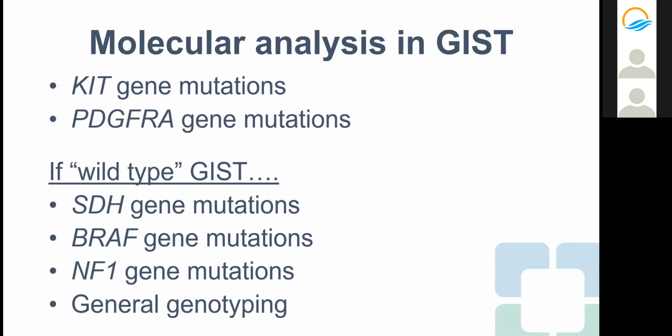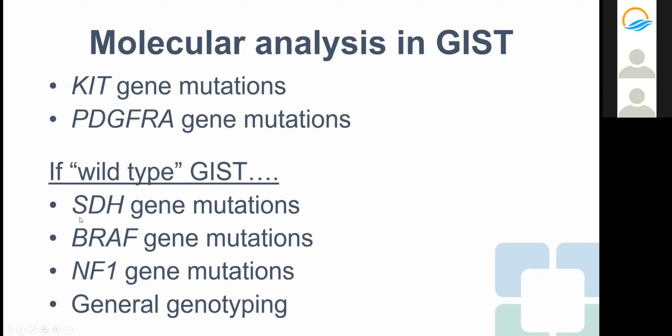If KIT and PDGFR mutational analysis comes back negative, the next step is working up that wild type GIST, which is what we call GIST that lacks KIT and PDGFR gene mutations.